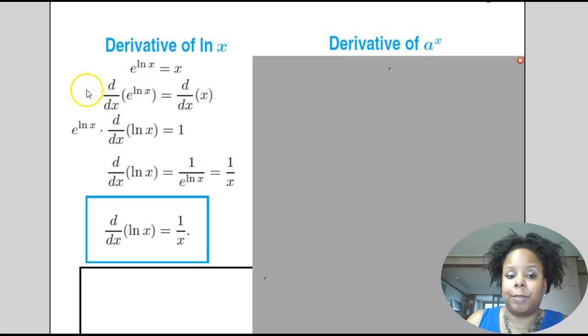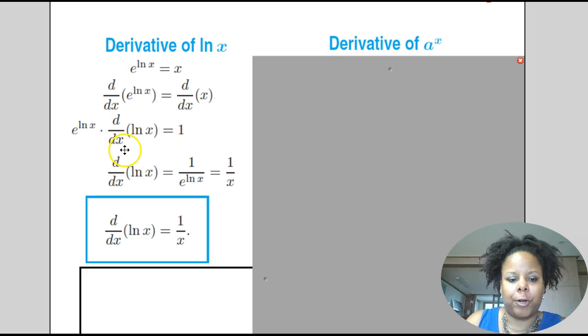So if I take the derivative of both sides, the derivative of e to the natural log of x, because this is exponential, is the same function times the derivative of the exponent. That's using the chain rule right here. And then the derivative of x is just 1. So we end up with this statement.